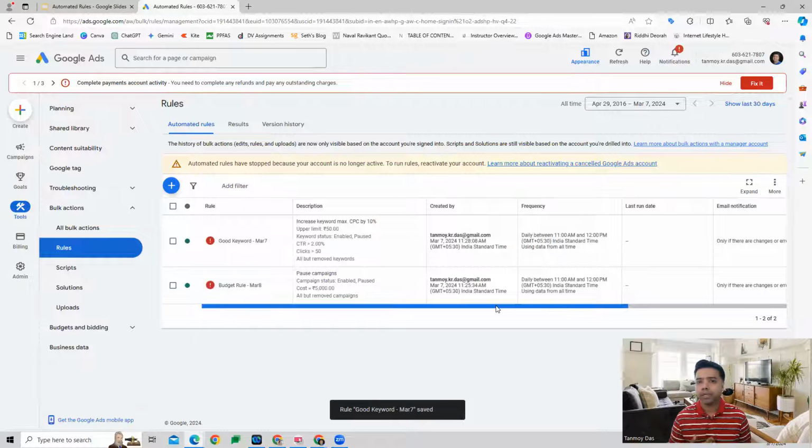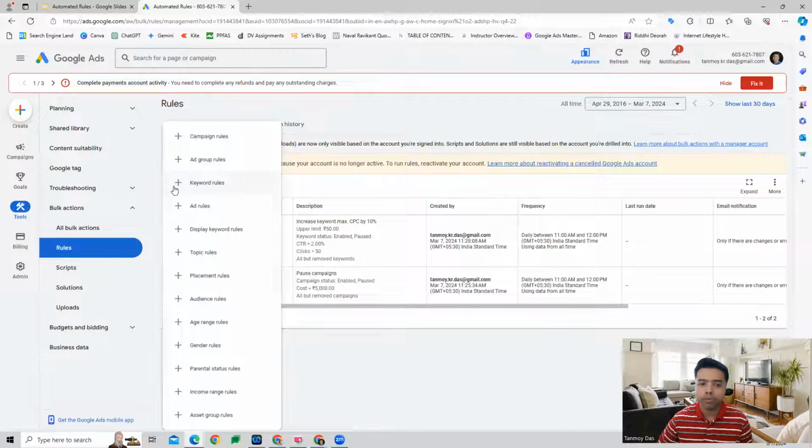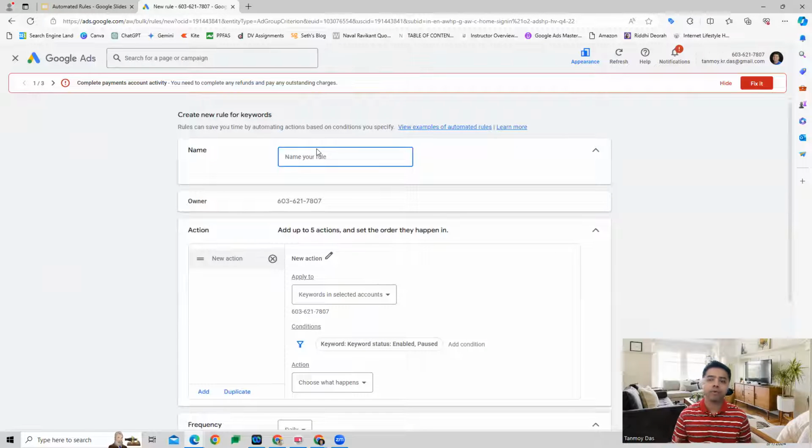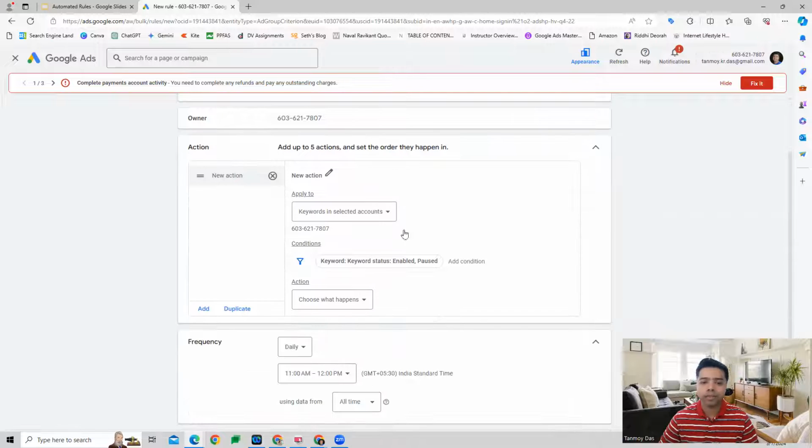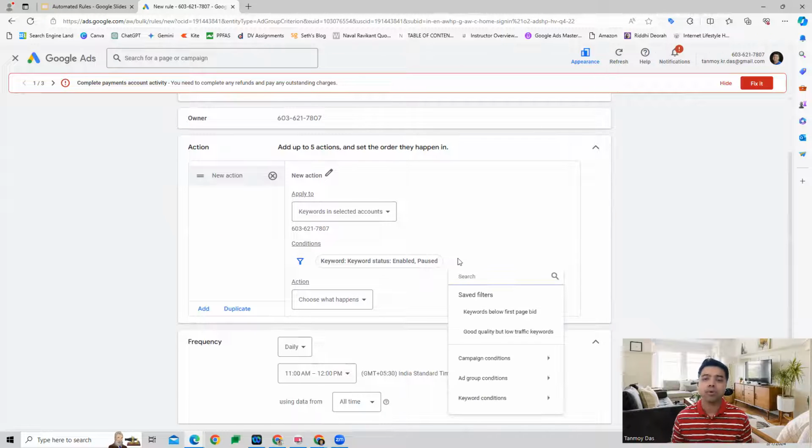Similarly, you can create another rule for the bad keywords, keywords which are not performing for us. We would like to decrease their bids and save the money over there. In the same manner, you can build out another rule for that, and apply it to all the keywords. Bad keywords means their metrics are bad.